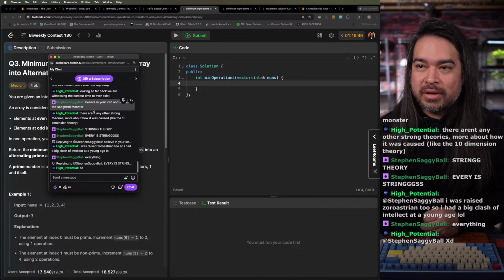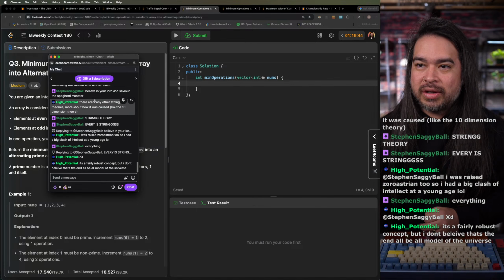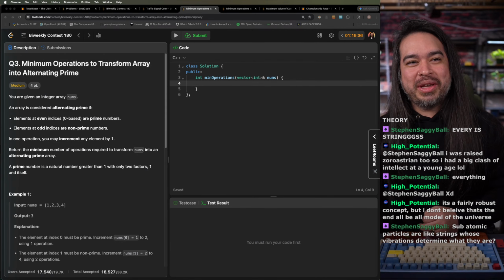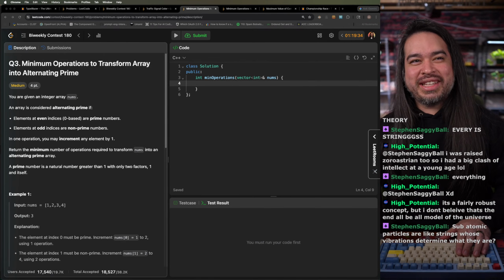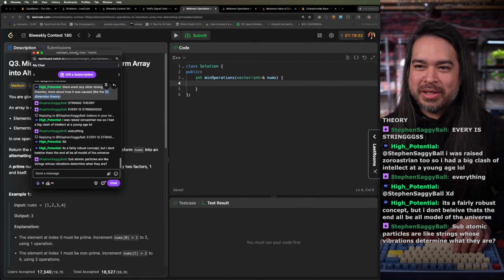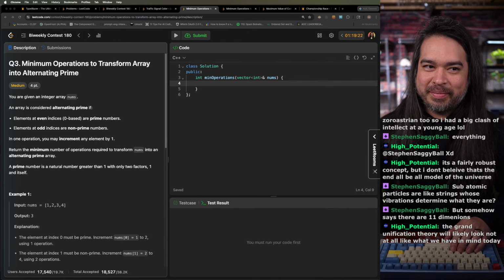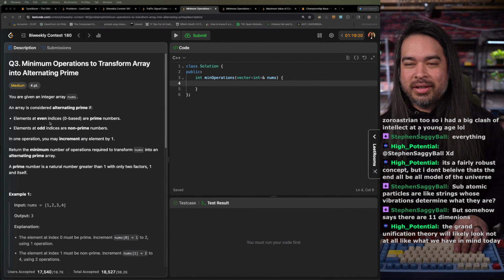There aren't any other strong theories about how it was caused. 10th dimension? 10th dimension theory? Thought it's 11 dimensions, man. They're talking about 10? They took one dimension away or something? Subatomic particles are like strings whose vibrations determine what... Man, Leet Whale, you're right, man.